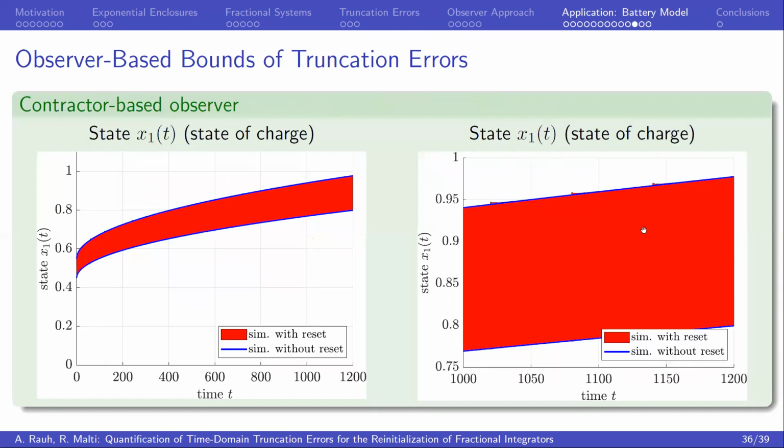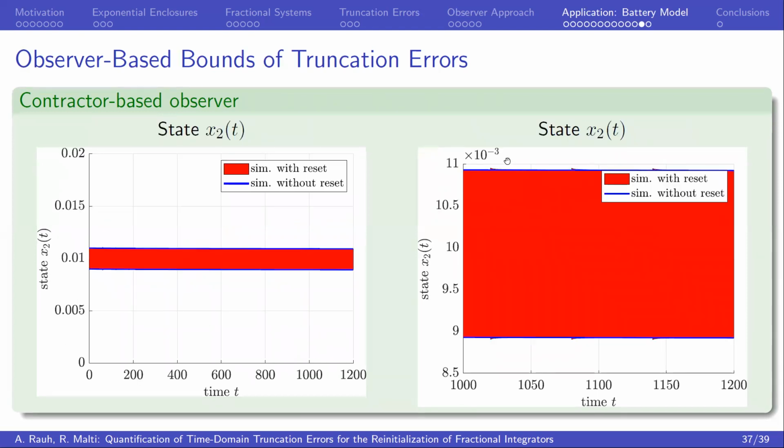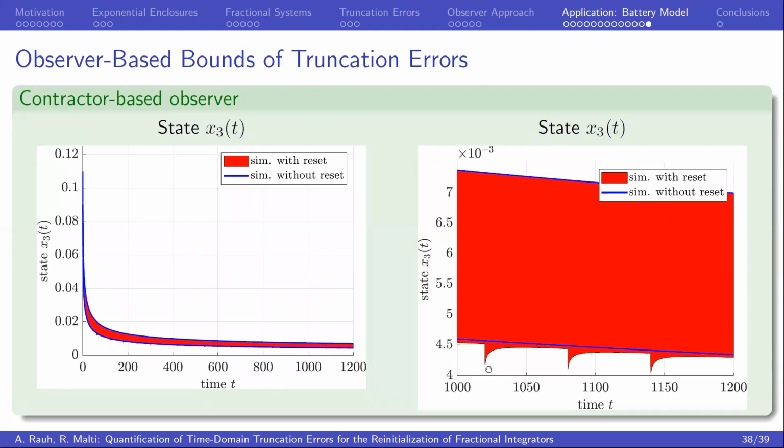The small errors at these restarting points can be seen in the zoomed in version. In the zoomed in version, you can see those small peaks here for the first, second, and also third state variable, and the corresponding bounds are more or less the same as the simulation of the exact system dynamics.